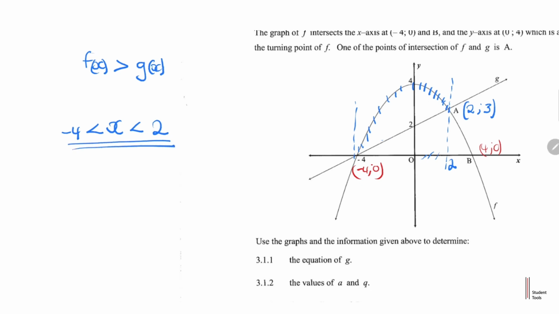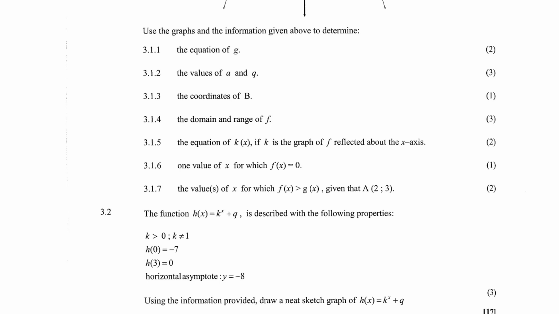Okay, now we are done with 3.1. Let us move on to 3.2. The function h of x is equal to k to the power x plus q, and is described with the following properties. k is greater than 0 and k is not equal to 1.